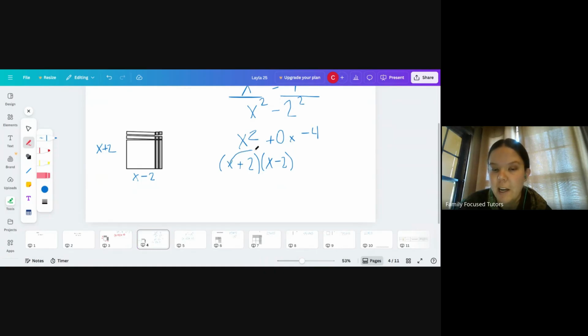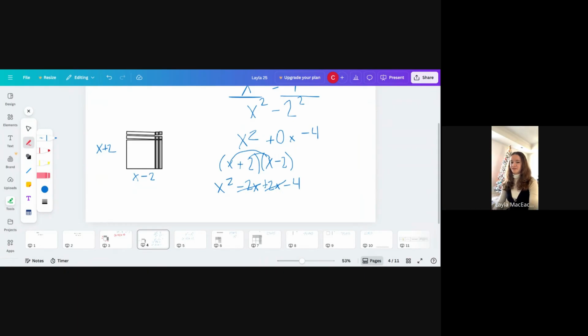So x times x is x squared. x times negative 2 is negative 2x. 2 times x is positive 2x, and then 2 times negative 2 is negative 4. These two cancel each other out, and we're left with x squared minus 4. Yeah, I remember that.